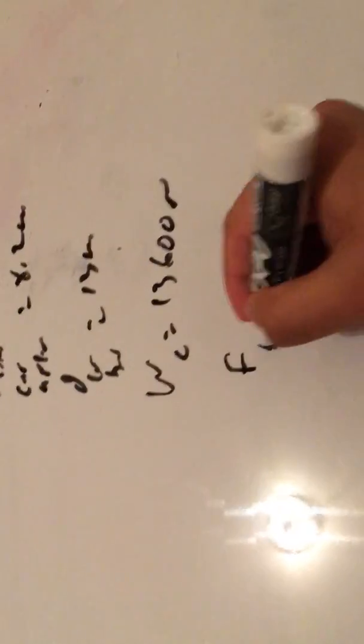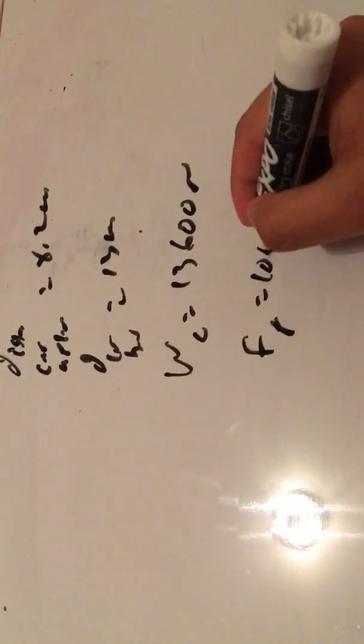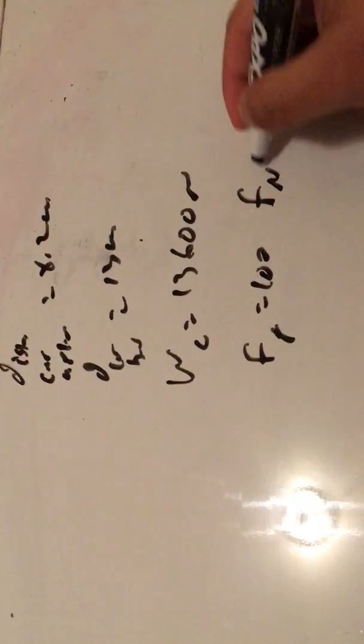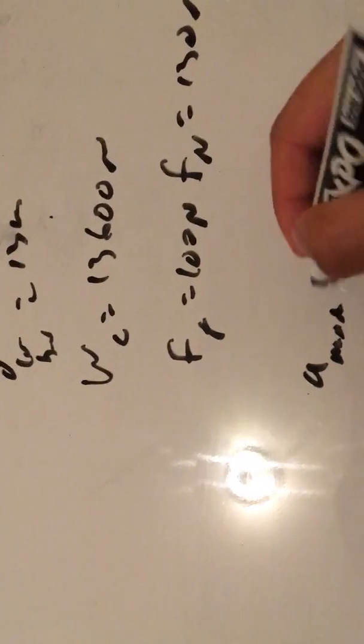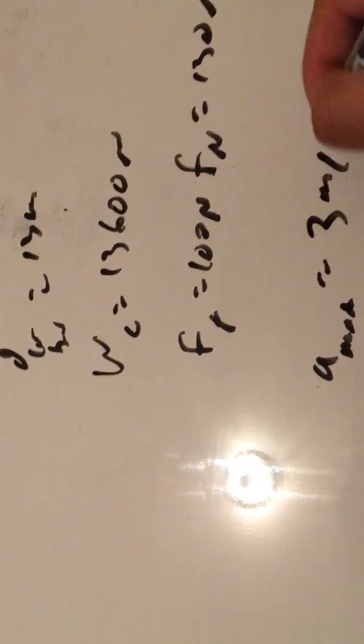We're also told that the force of friction for the car is 100 newtons, and the normal force for the car is 130 newtons. Furthermore, the manufacturer of the car claims that the maximum acceleration for the car is 3 meters per second squared, and the angle of separation for the car is 33 degrees.